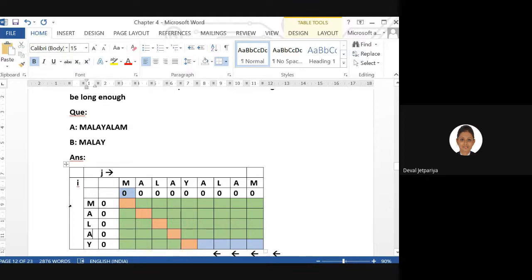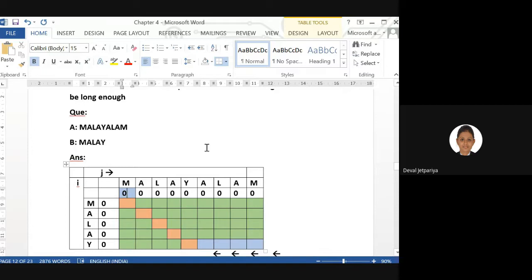Now to extract a specific location of row and column, this index we are taking in terms of J, and this index we are taking in terms of I. Now for that, we had created one zeroth row and zeroth column, just to use those zeros in order to start the first row and first column computation. So we had embedded one zeroth row and zeroth column.